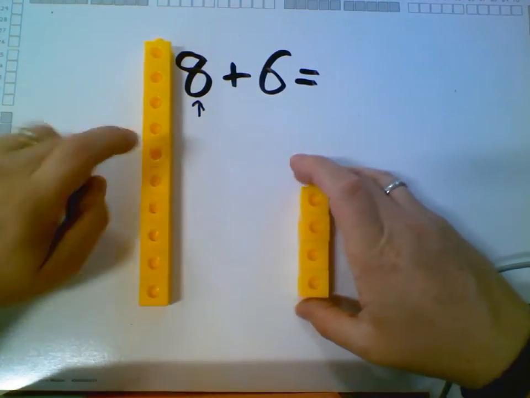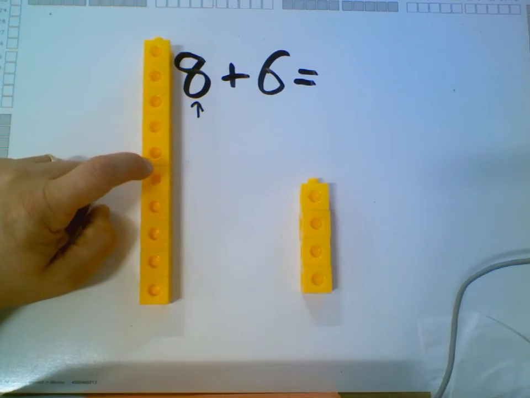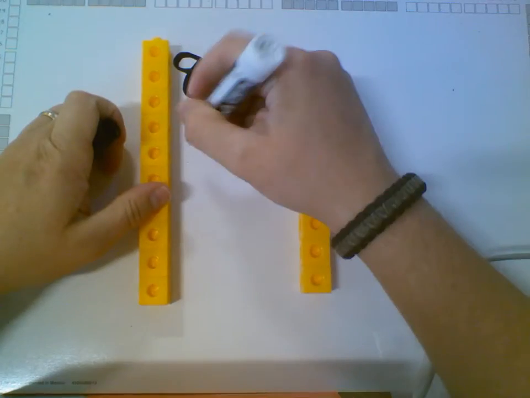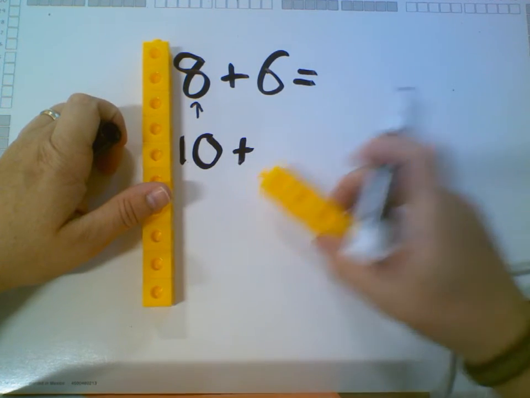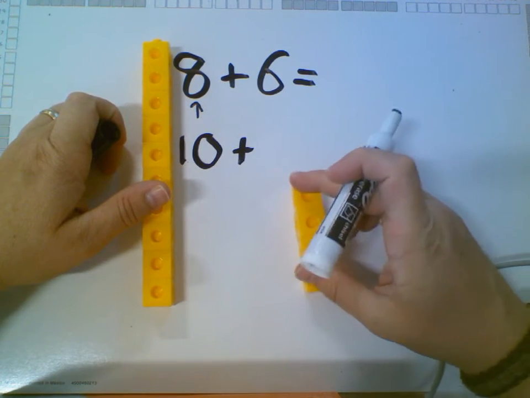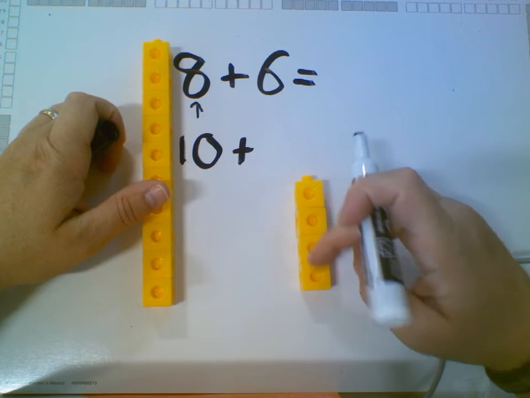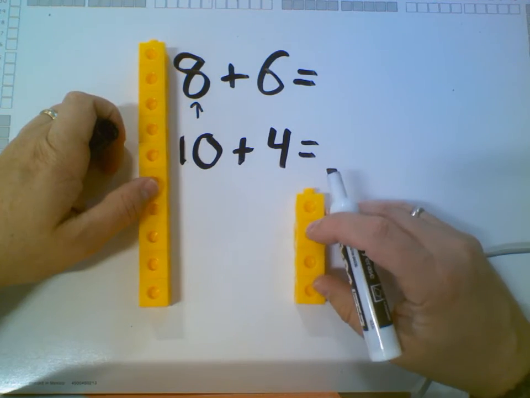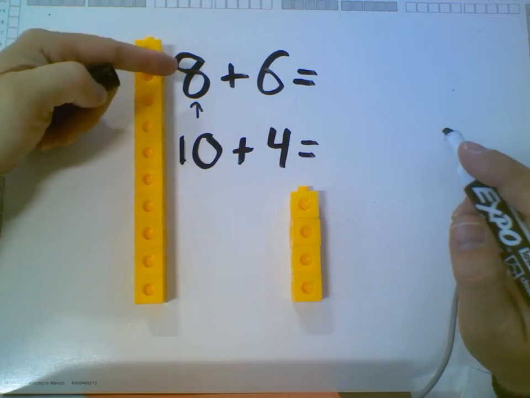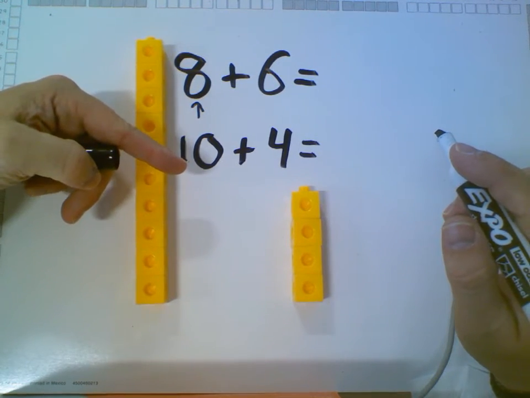So this becomes 10. What's left from these ones? We took 2 of them away from the 6. Now there's only 2, 3, 4. 10 plus 4. Which of these is easier to do, 8 plus 6 or 10 plus 4?